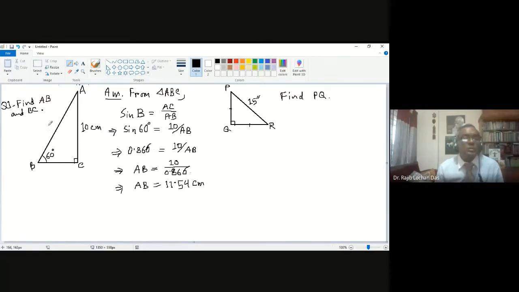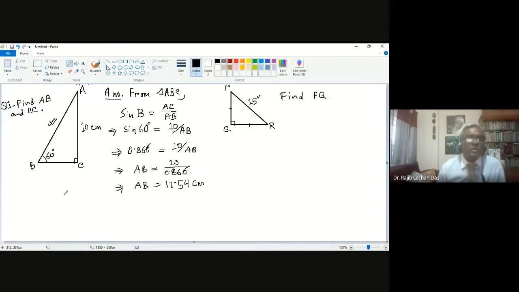So now you have got one answer. And now you can apply Pythagoras or cos, anyone is possible. Which one you apply does not matter. If you know the formula and understand the situation, then you can apply any formula.